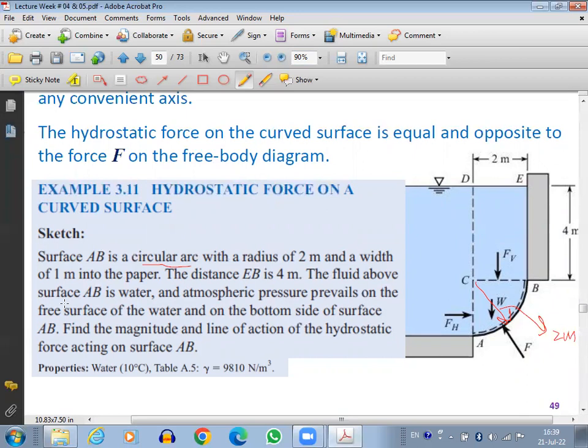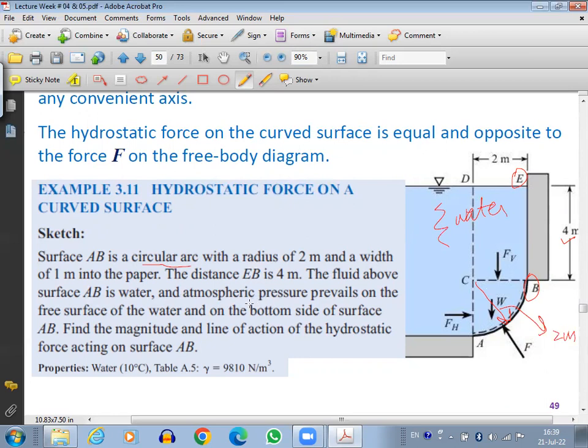Okay. The distance EB is 4 meters. This is E. This is B. So here it is 4 meters. The fluid above surface AB is water.